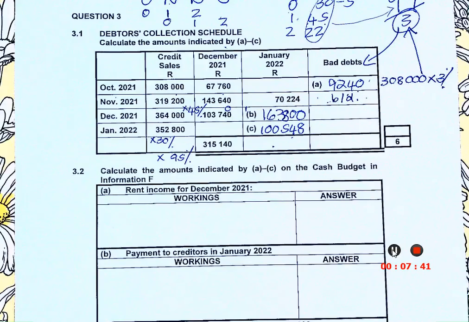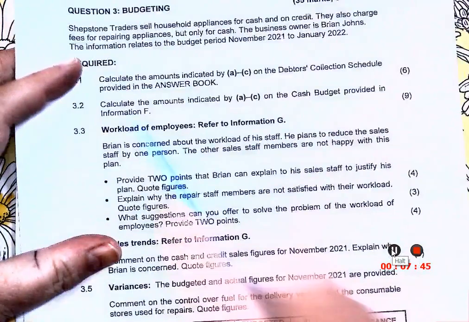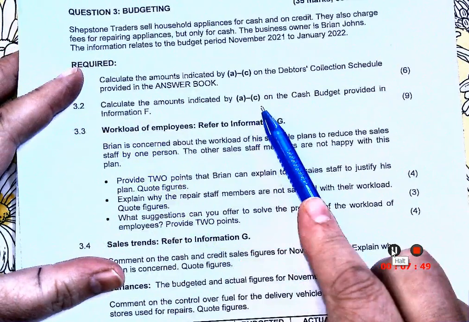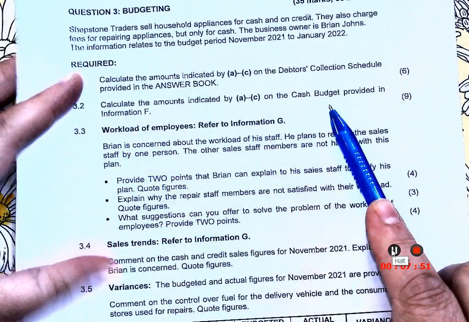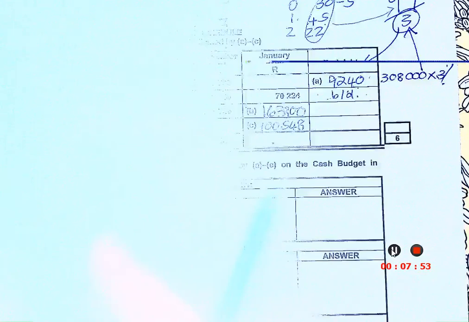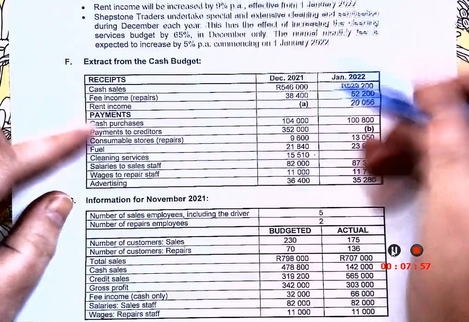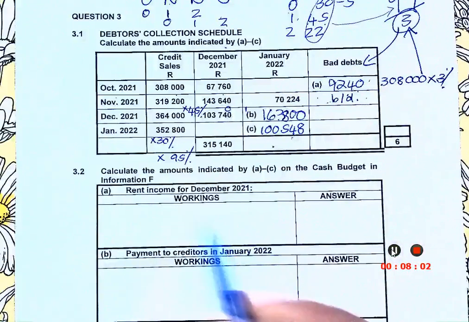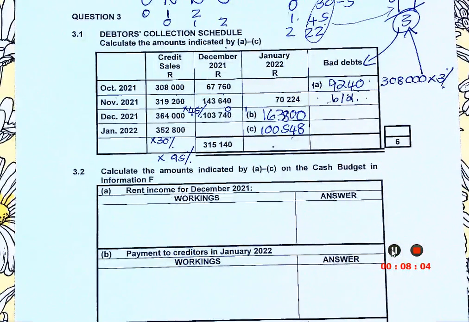Now the next one, they say calculate the amounts indicated A to C on the cash budget. Okay, so let's look at the cash budget. A is rent income for December. So what do they tell me about rent?